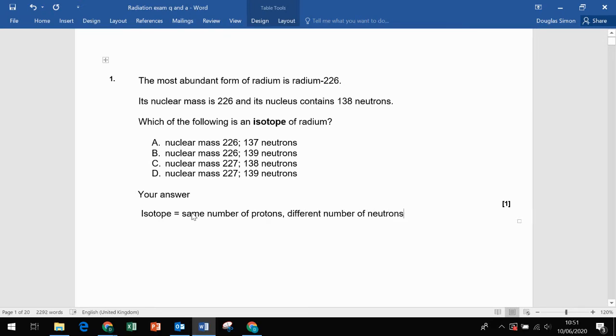That is a key piece of knowledge, alongside the fact that mass is neutrons plus protons. So we need to work out how many protons each of them has.